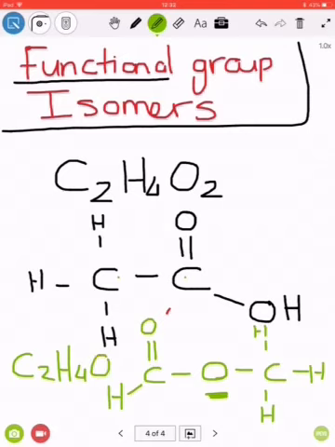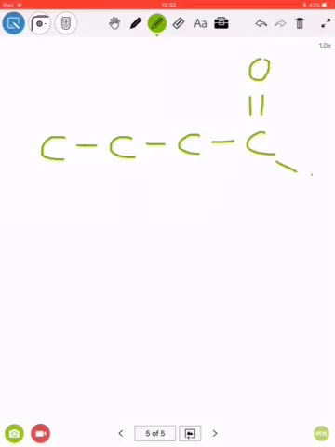I'm just going to do one more of these, because this is the one that you need to spot, and it's actually the easiest one because it's the only one with 2 O's. So let's say I had another carboxylic acid, one with more carbons. Carboxylic acid, always a double O at the end with an OH ending the molecule.